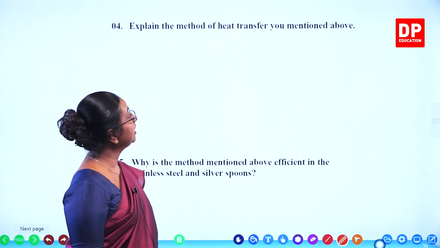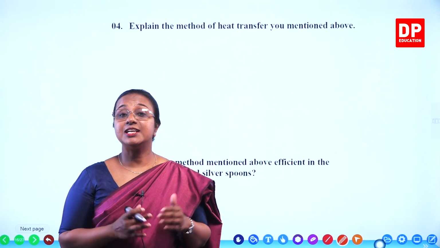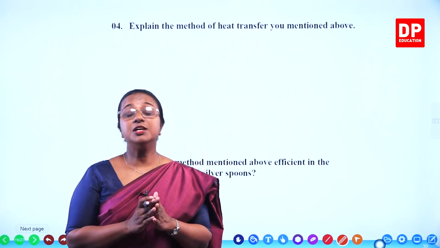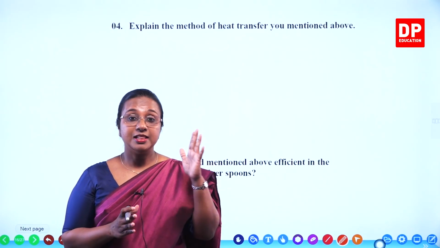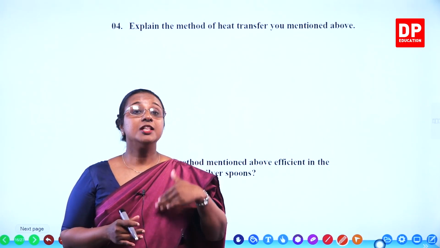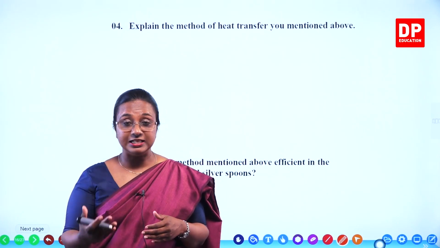Explain the method of heat transfer you mentioned above. So, you all are familiar with conduction. How does this happen? When you supply heat to one end of a solid, there are atoms that can vibrate. The atoms at the end where heat is supplied become hot. Therefore, the mean kinetic energy increases.